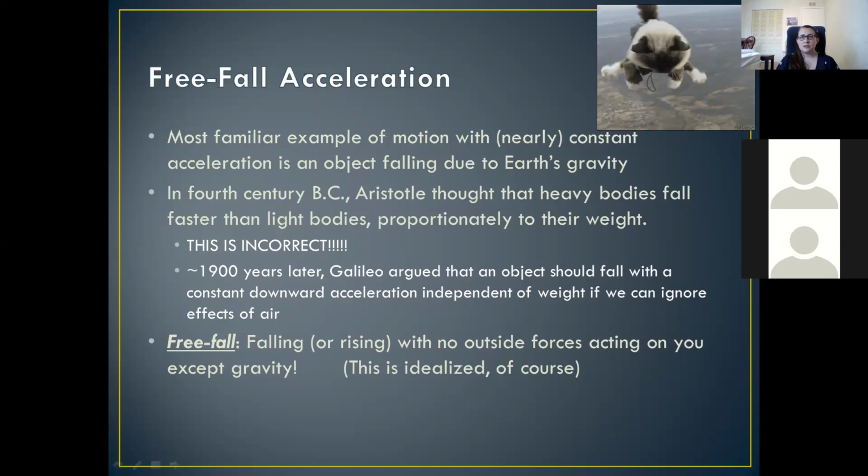So of course, air resistance acts on objects depending on their shape, not their weight necessarily, but their shape affects how much air resistance they feel as they fall. So if you can remove air from the scenario and drop things with different weights, they will fall at the same rate. They will hit the ground at the same time.